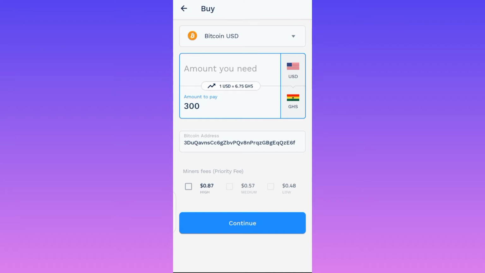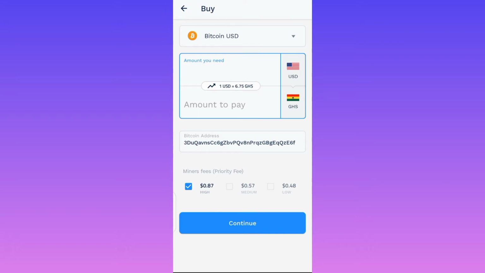So they will help the Bitcoin to process. So at this very juncture, I'm going to tick an amount which is $0.07. This is what I'm going to pay in order for them to help me get my Bitcoin.